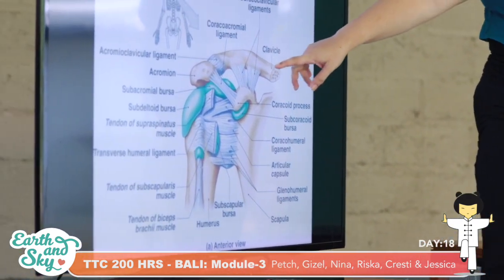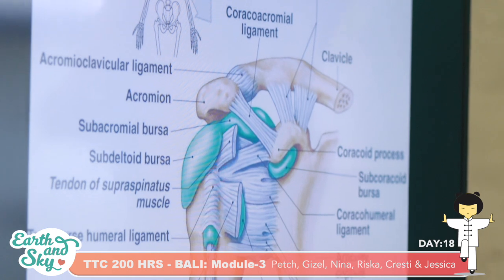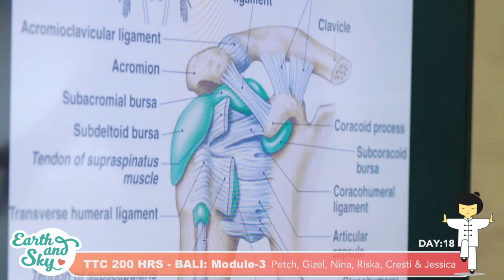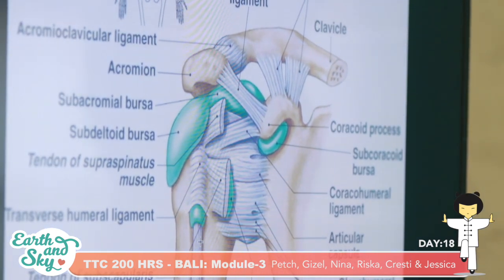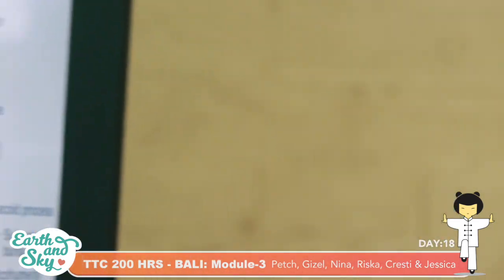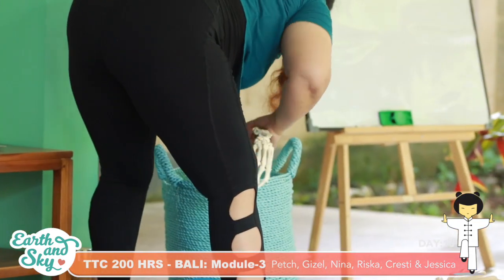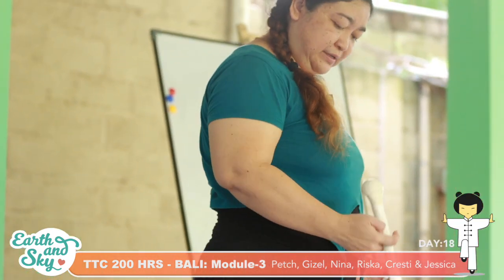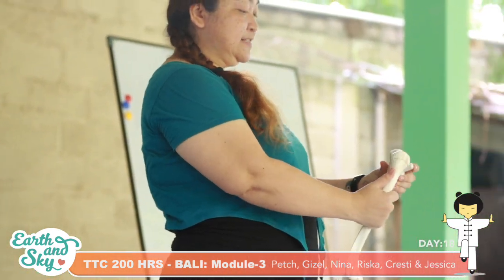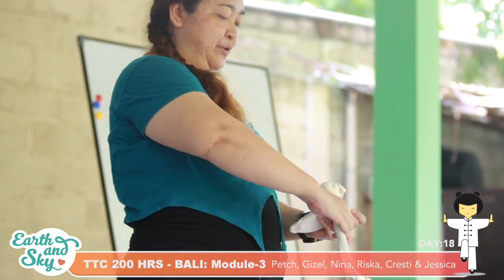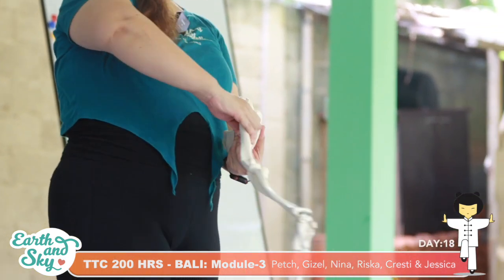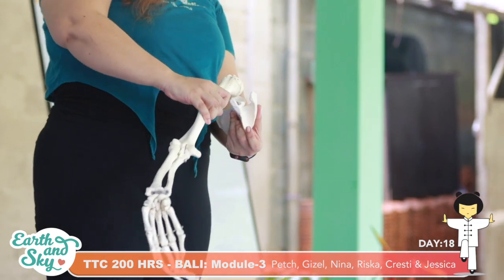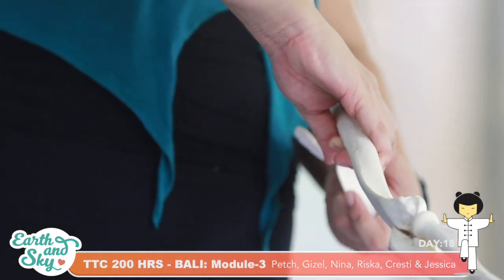The pouch is filled with synovial fluid, especially in joints that have a lot of movement. Let's say the shoulder joint: whenever we move, we have movement between the arm and the scapula. When we bring our arms up above the head, the humerus bone will compress with the acromion.